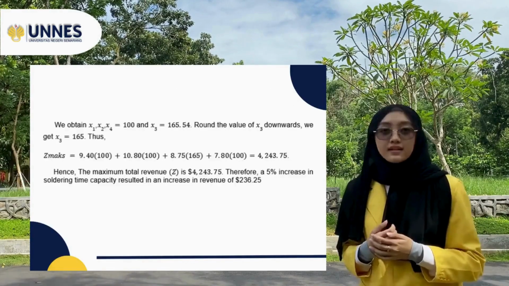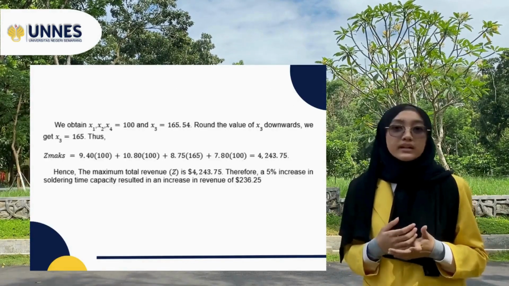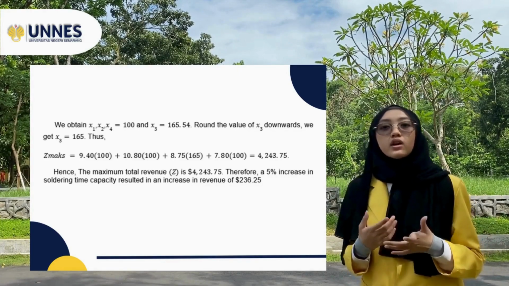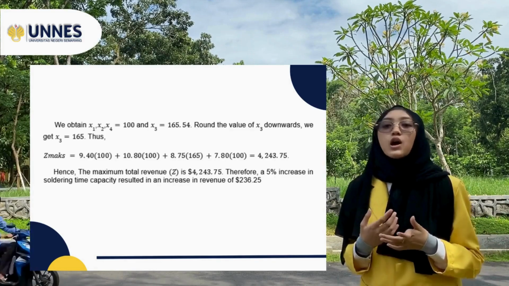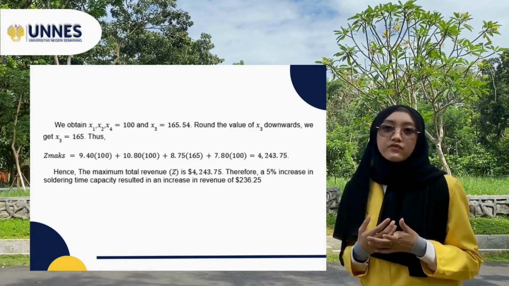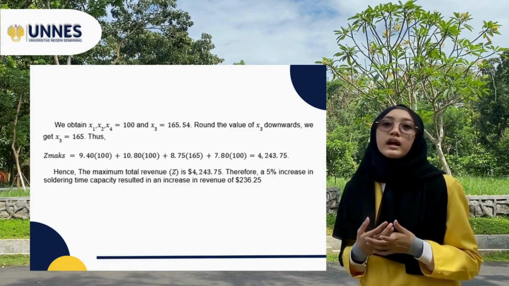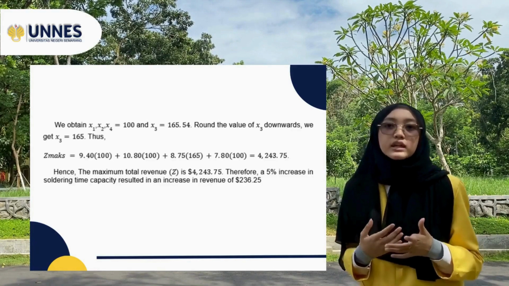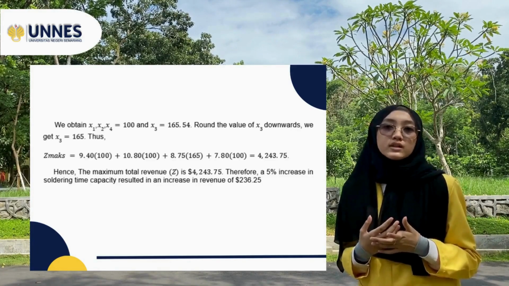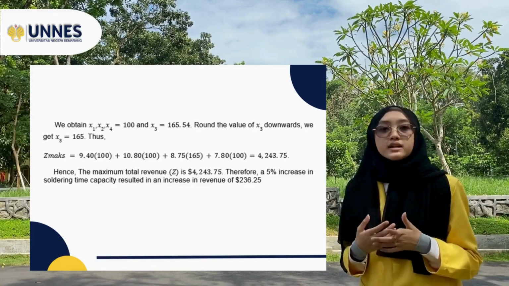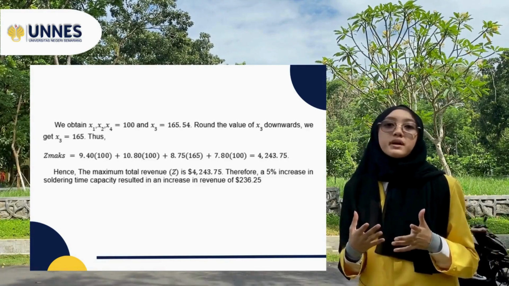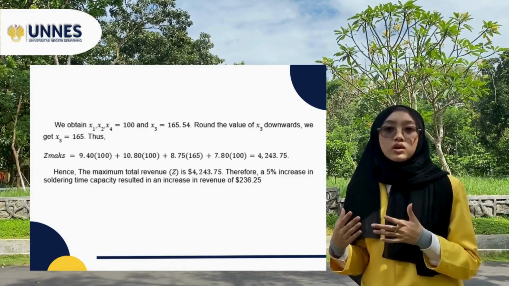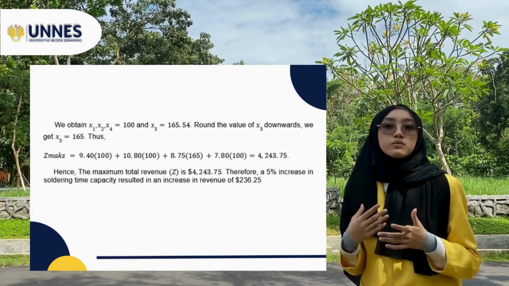We obtain x1, x2 equal to 100, and x3 equal to 165.54. Rounding the value of x3 downwards, we get x3 equal to 165. Thus, we substitute our values of x1 and so on into the Z formula.